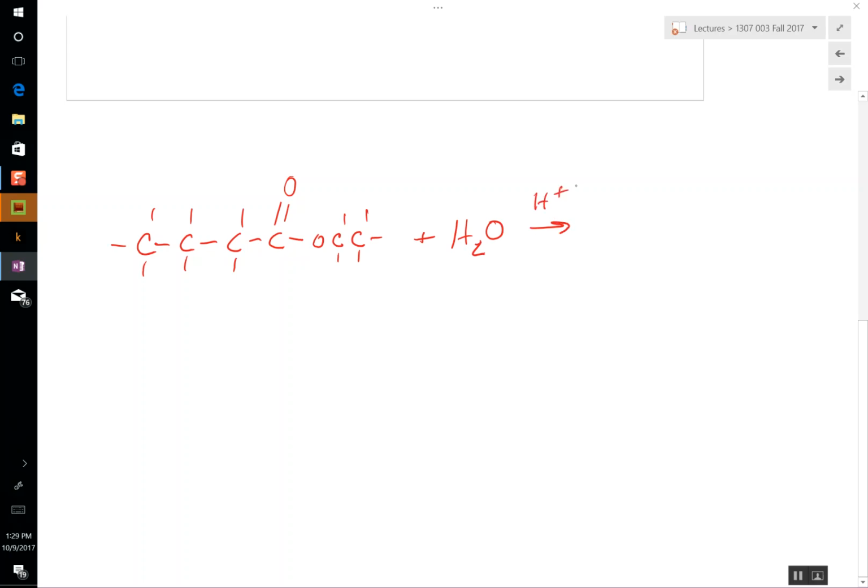All right, complete that reaction. That's the acid hydrolysis of this ester. We're starting out with an ester, and we're going to hydrolyze it.